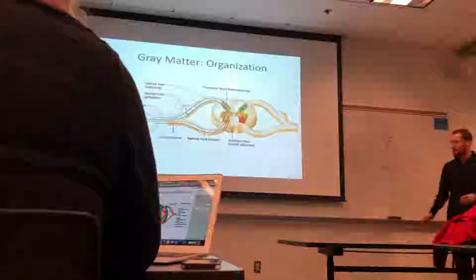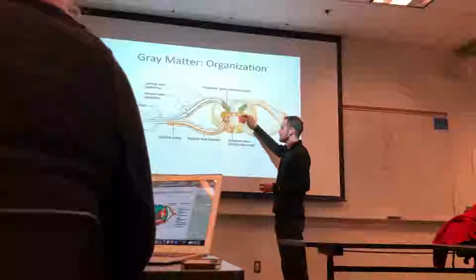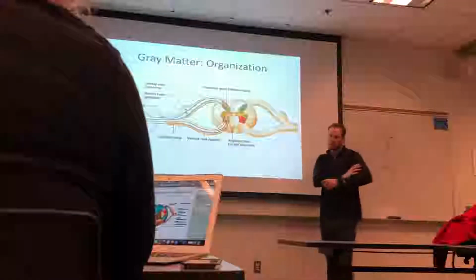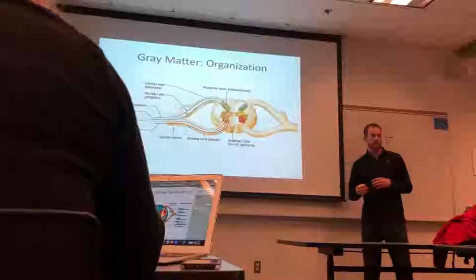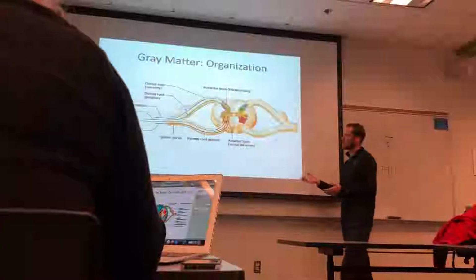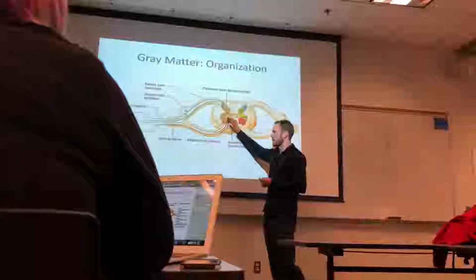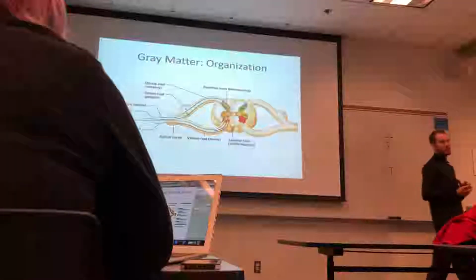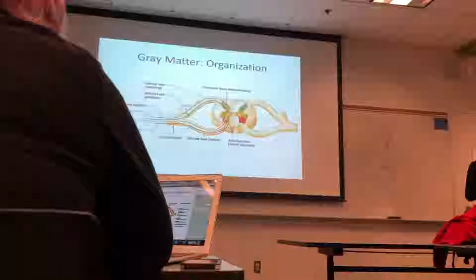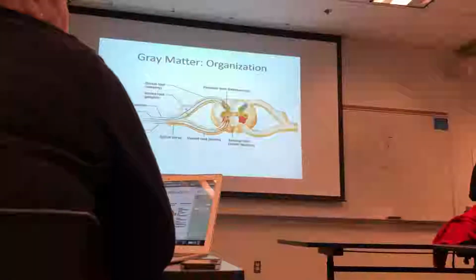The gray matter, depending on which horn you're talking about, is going to be either sensory or motor. So the ventral horn, the anterior horn of the gray matter, is going to be motor, to output information. The dorsal horn is going to be sensory information. I think of this like most cars have the engine in front, or the motor.